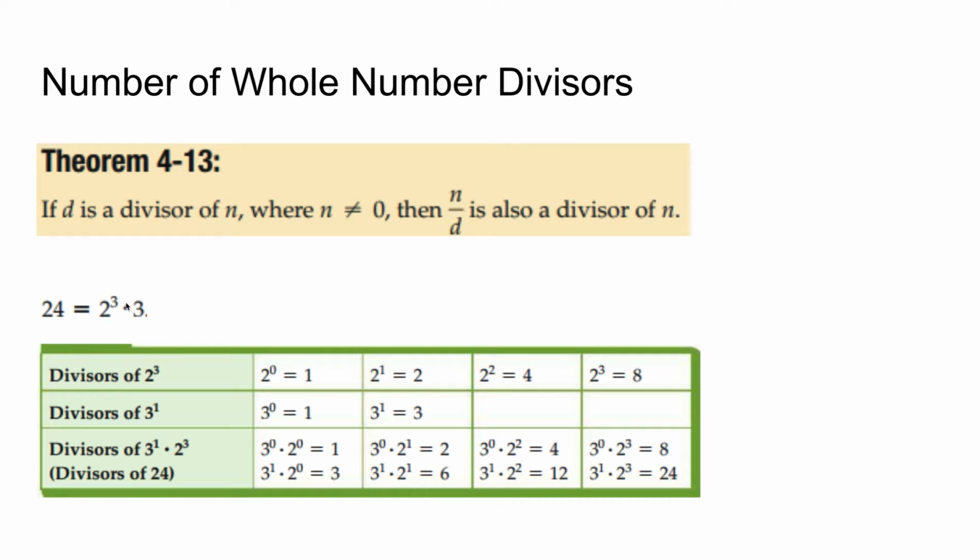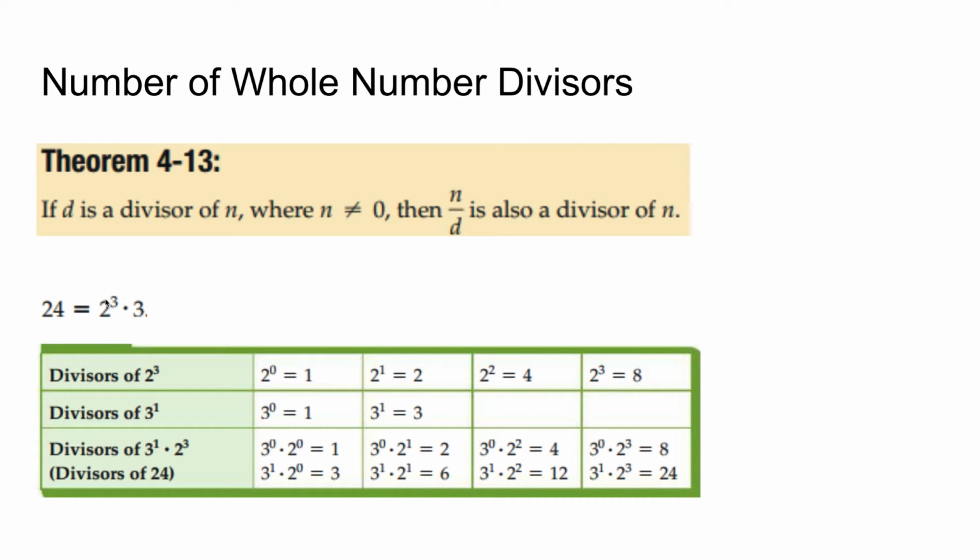We found there are 4 factors for this part, and 2 factors for this part. And we see 4 factors is 1 more than that exponent, and 2 factors is 1 more than the exponent of 3 to the 1 power.